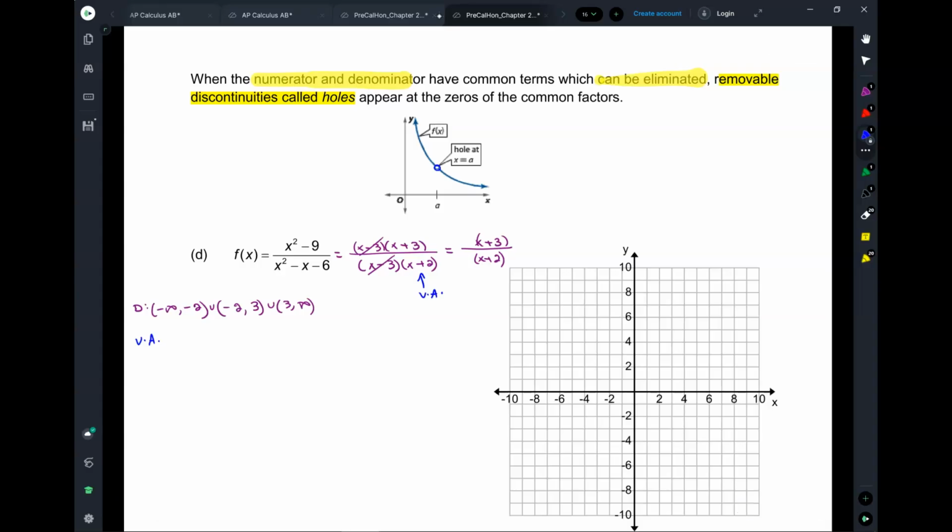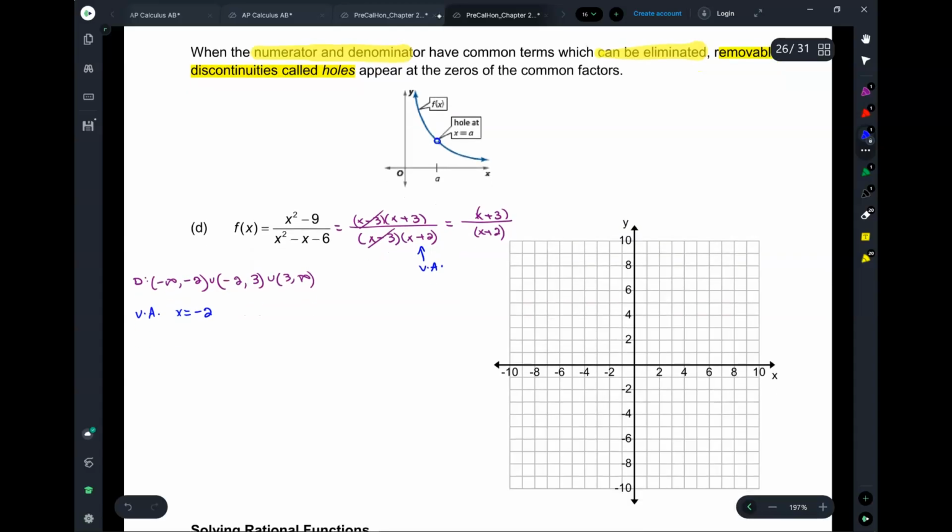It is infinitely there. It is an infinite discontinuity. In other words, it is a vertical asymptote at x equals -2. Now, this other one, the x equals 3, went away. So there is a removable discontinuity or a hole at x equals 3.